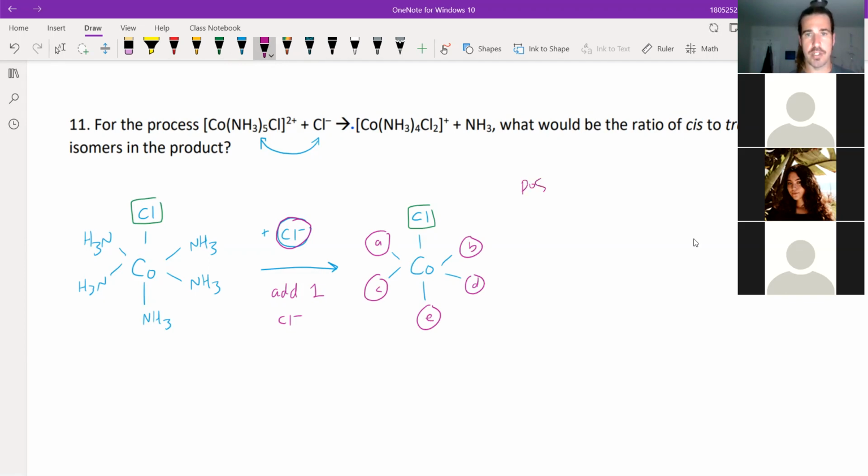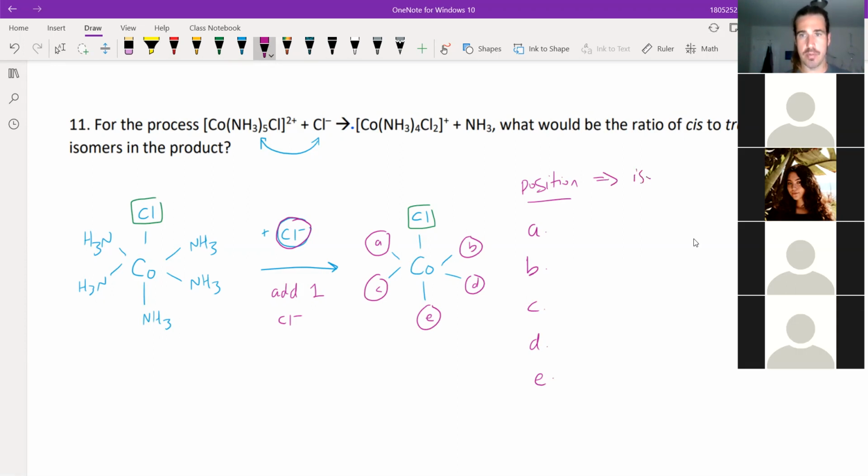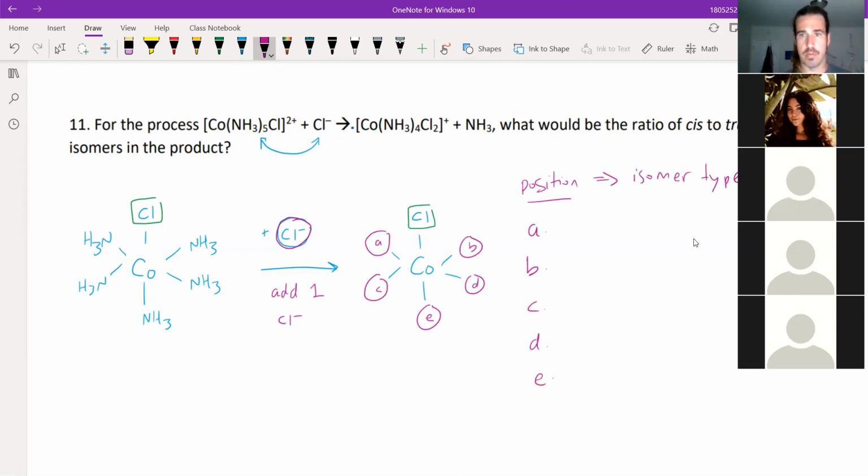So the position it could end up in, A, B, C, D, E, would give a certain isomer type, right? Because now I'm going to have 2 chlorines and 4 ammonia. So that product will have cis-trans isomerism. So if that chlorine goes to A, the new one, would that be cis or trans?